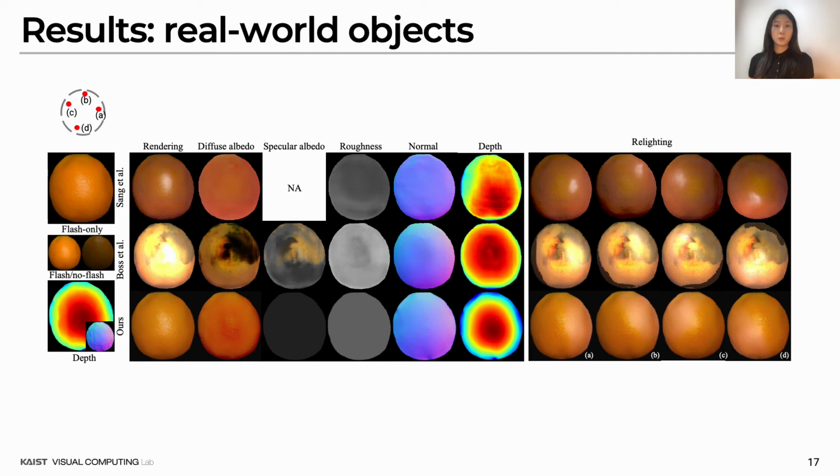We also compared results on real-world objects. Considering deep learning methods use lots of priors for each parameter, the results of Kang et al. in the first row show inconsistent geometry. Results of Bose et al. in the second row show unstable SVBRDF results. Results of our method in the last row show that the additional depth map helps estimate both geometry and SVBRDF more robustly.